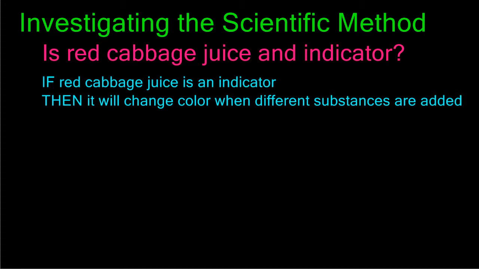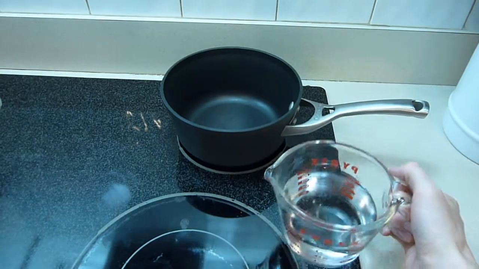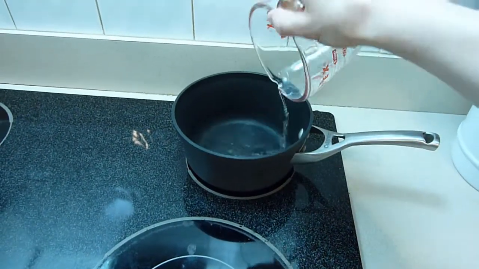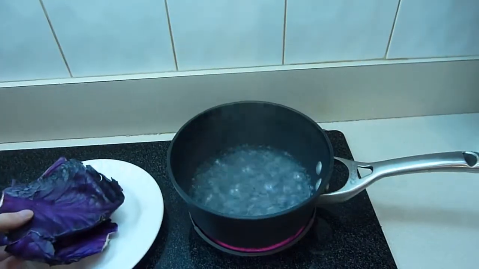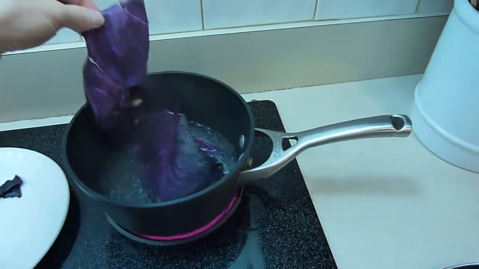Watch as the student conducts the experiment, following a specific procedure, and then afterwards we can analyze the results. In order to make red cabbage juice, 1 cup of water was brought to a boil on a stovetop. Once the water was boiling, a few cabbage leaves were added to the water.